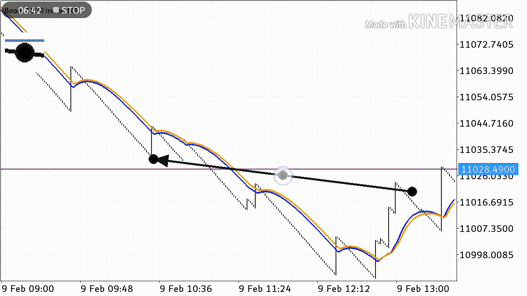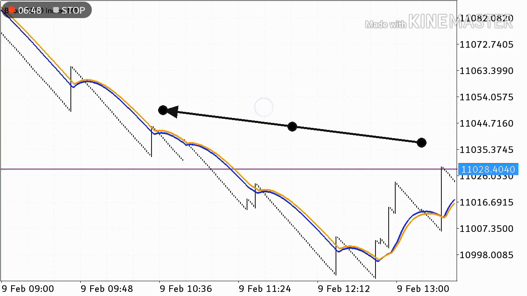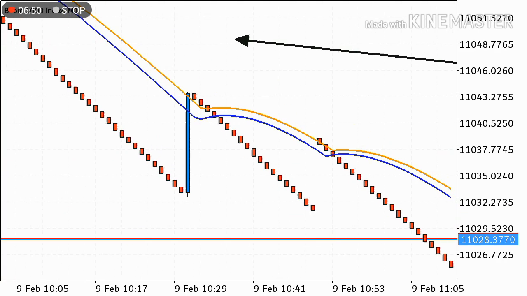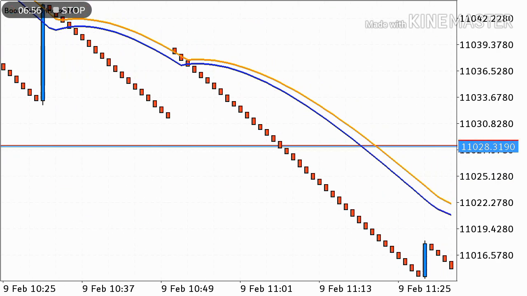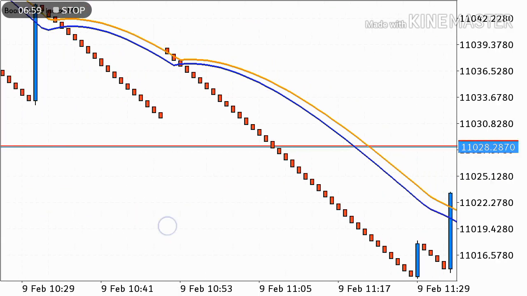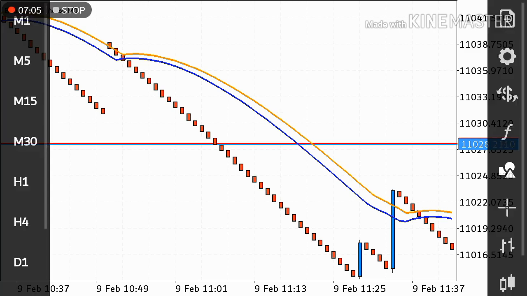Look here, one more spike comes and the moving average is still in its place and not changing. And look here, one more in this gap. Also the moving averages give us a signal to hold this trade, because this is a sell trade.